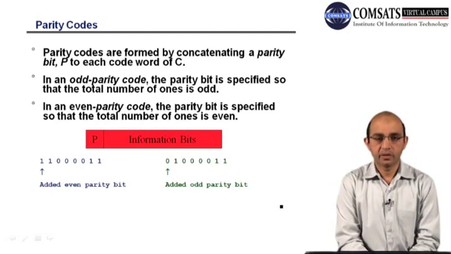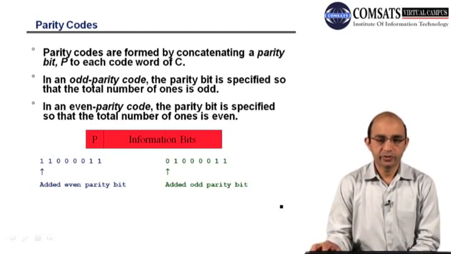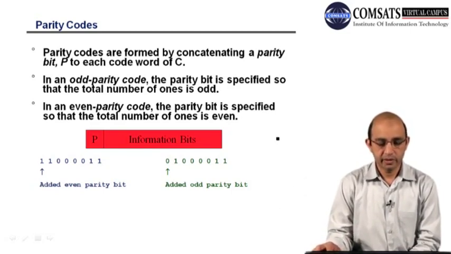So what we do is we concatenate or associate a parity bit to that data, right? So there are two different kinds of parity codes. One is odd and the other is even, right? So in the even parity code, you have to count the number of ones.